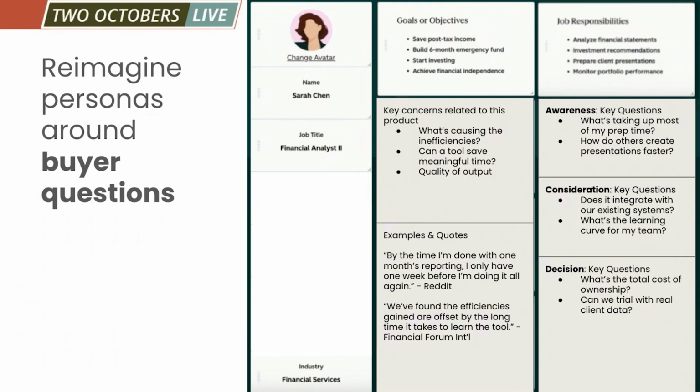This becomes much more useful for actually developing a strategic content strategy. It helps us to know exactly what people need across the different stakeholders in the purchasing process, so that as marketers, we can develop messages and develop content that answer those questions and help them along through the purchase process.